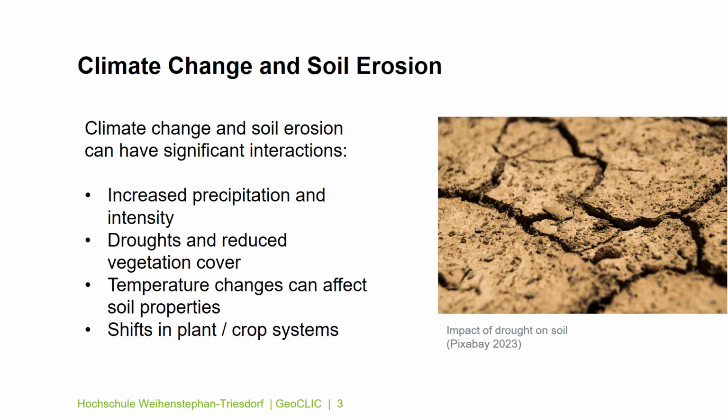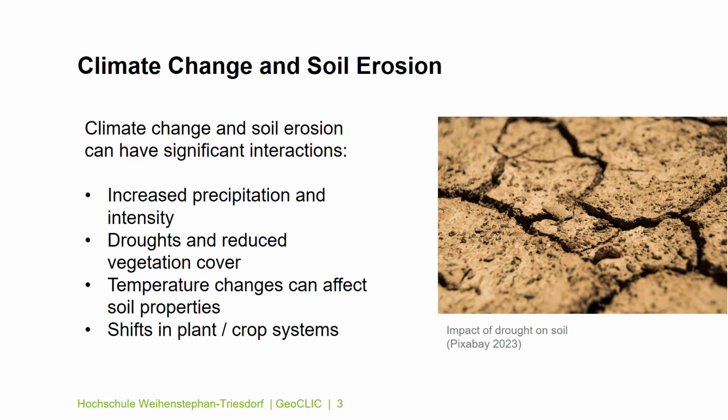There are significant interactions. With climate change, we predict increased precipitation and increased intensity of precipitation. That means extreme rain events. And these rain events will become more frequent and more intense. At the same time, we might see more and more intense droughts and reduced vegetation cover.